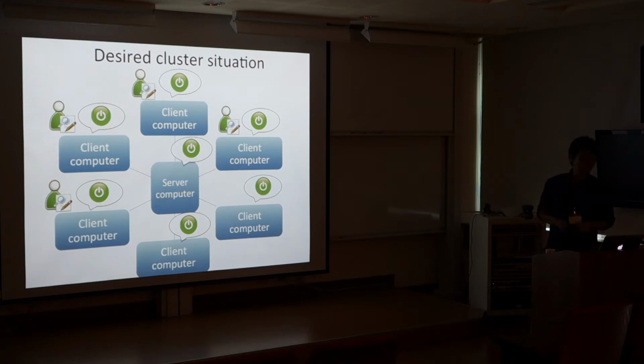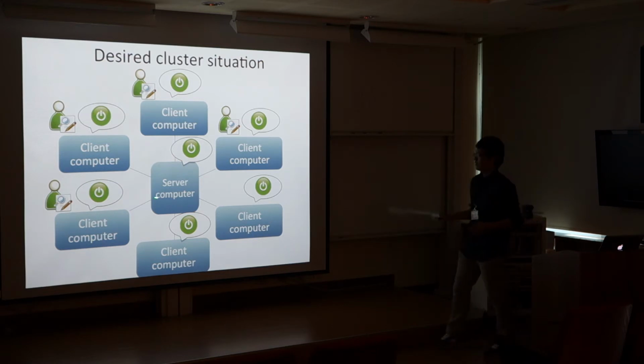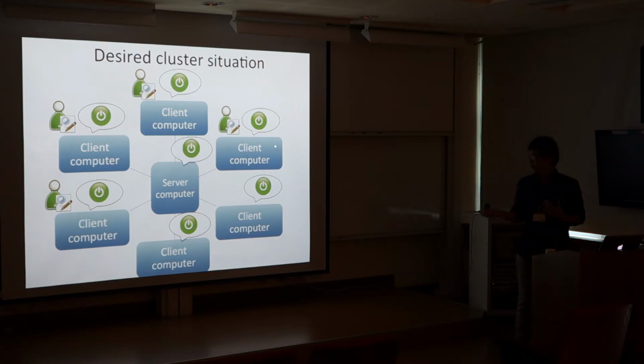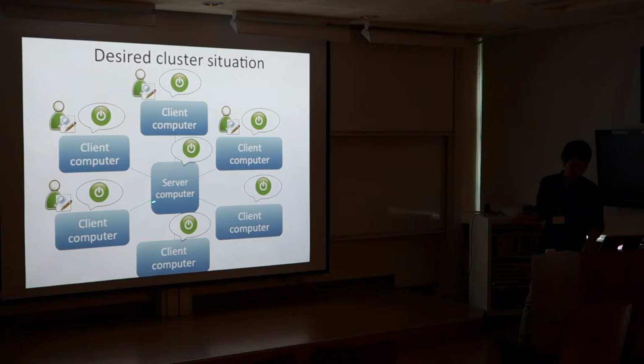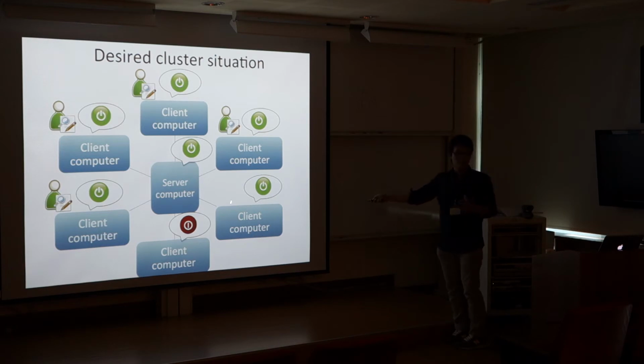So let's talk about the desired cluster situation. Today, there are 4 people using this cluster. The server detects this situation, so it thinks there is too much computing power, so it needs to turn off 1 computer, and the idle computer will not be turned off.